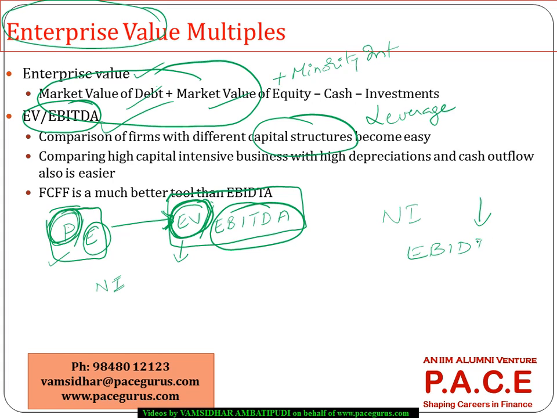So even the comparison of firms with heavy capital intensity and high levels of depreciation is much more possible, because net income may go negative during that period, whereas EBITDA can still be positive.